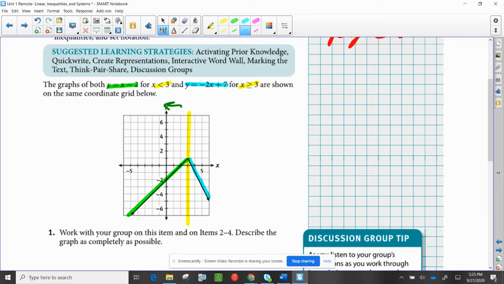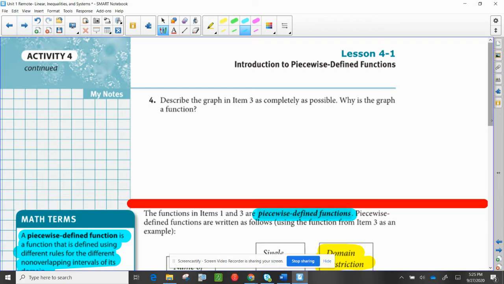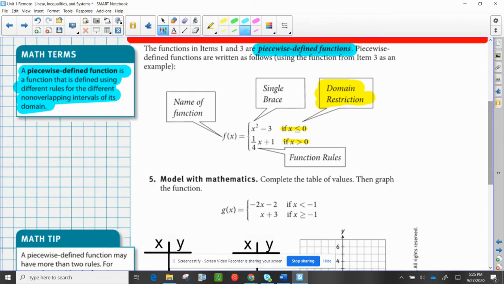Okay, I'm going to jump to the next page really quick and talk about the piecewise function definition, which we went over yesterday, but I want to go over this again in terms of graphing. So we're going to have our piecewise function, and it has your 2 or 3, whatever it is, function rules to it, that we learned yesterday. What we're going to do is graph each piece, but only at the domain restriction.